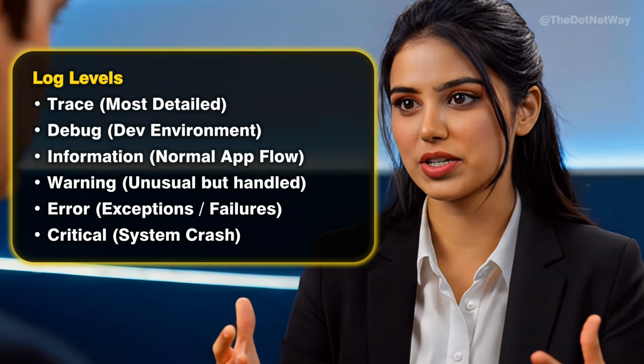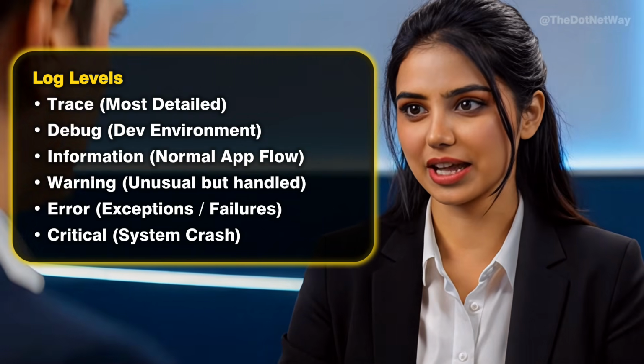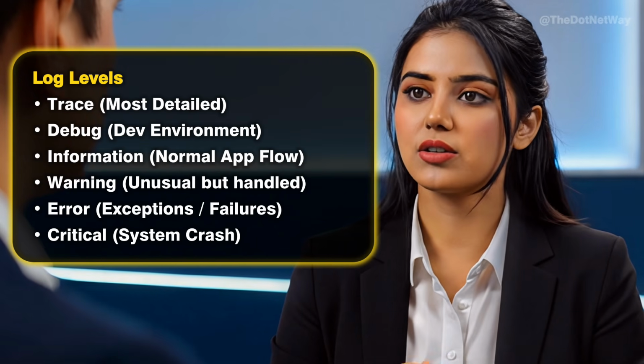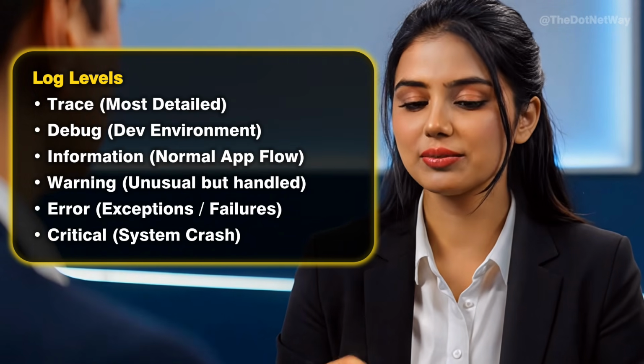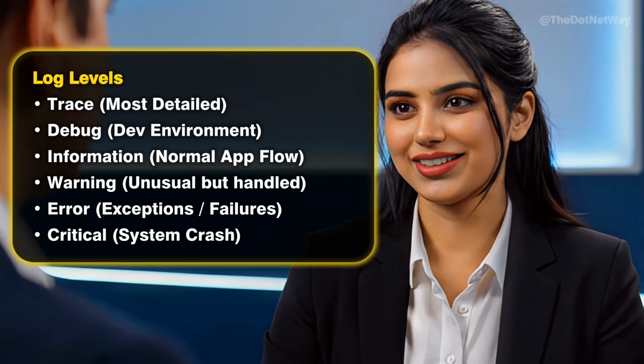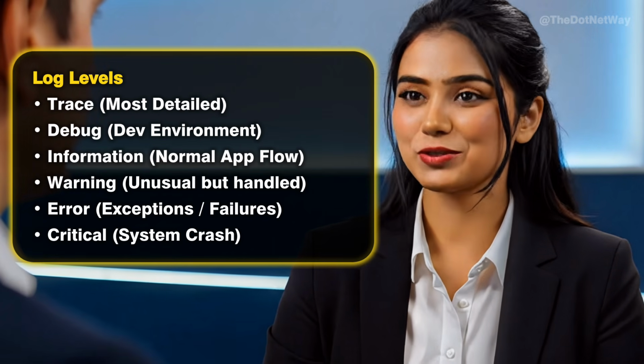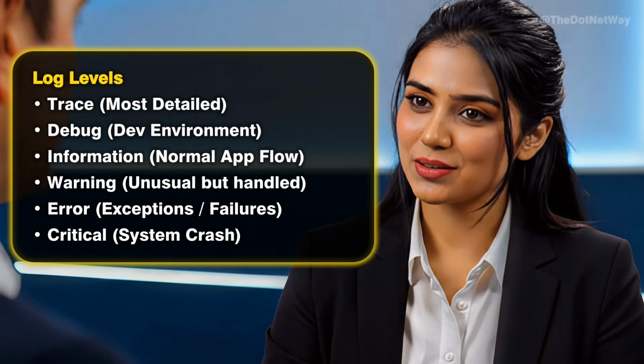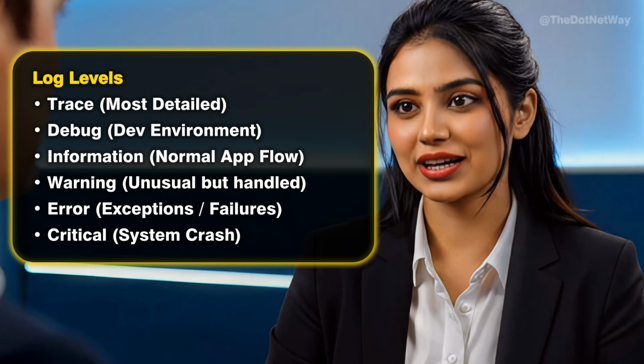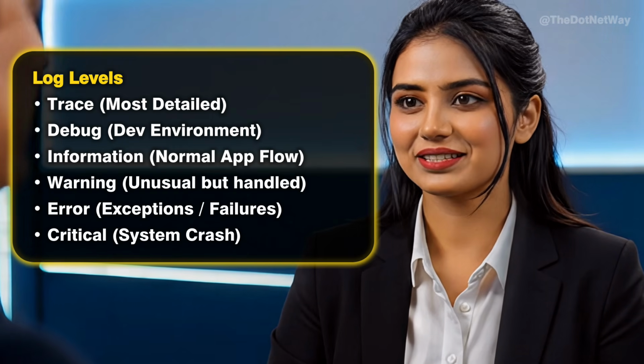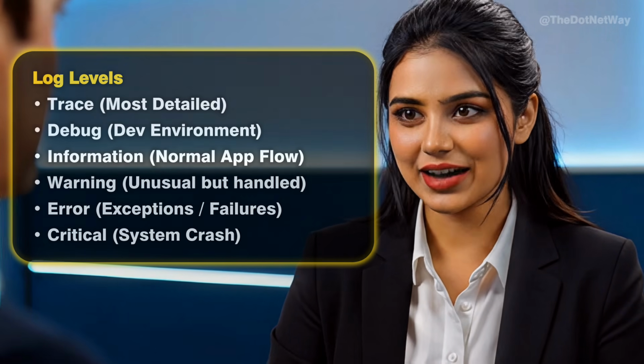We use information to track the normal flow of the app, like a successful checkout. Warning is for something unusual but not fatal. Error is for actual exceptions where a feature failed. And finally, critical is reserved for when the entire system is crashing. I strictly log only what's needed at each level to ensure our production logs don't become overwhelming.